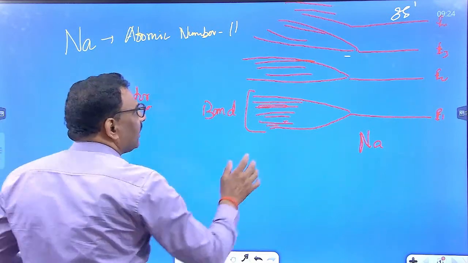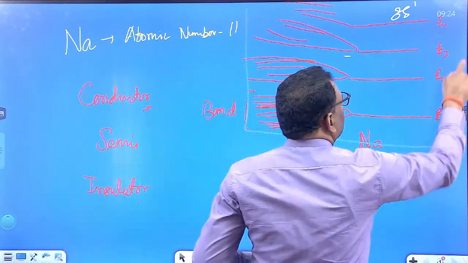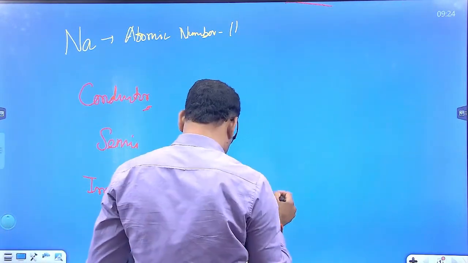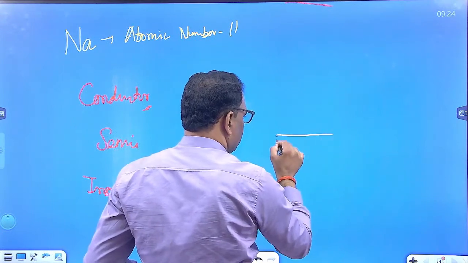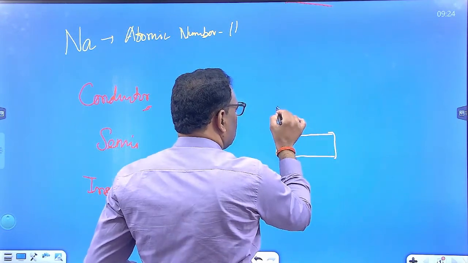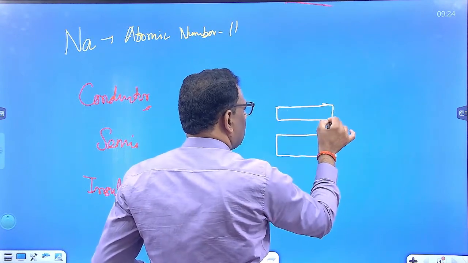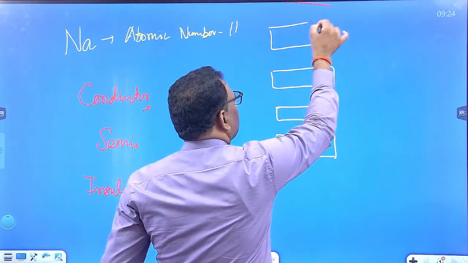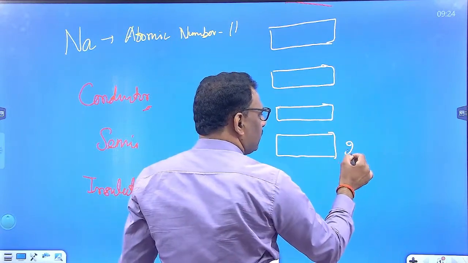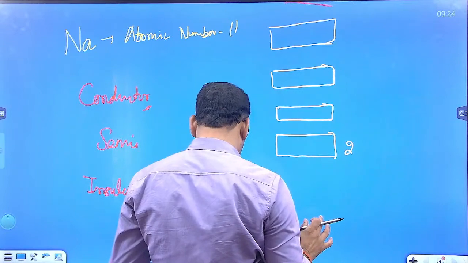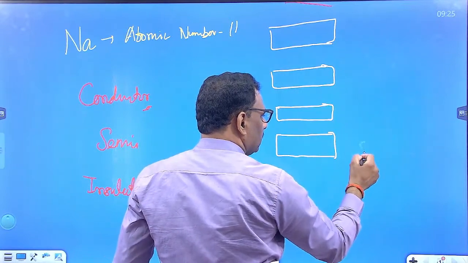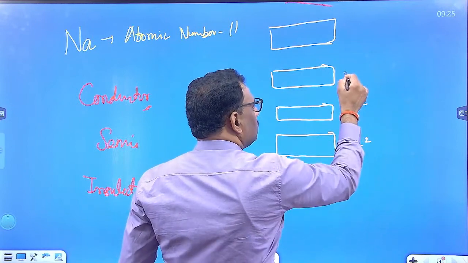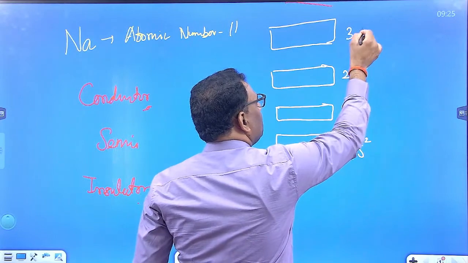So we can make another diagram. So you can say we have bands like this. This corresponds to 1s1, 1s2, it is 2s2, it is 2p6, it is 3s.